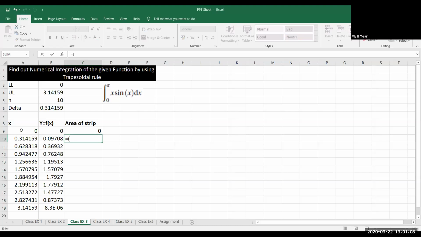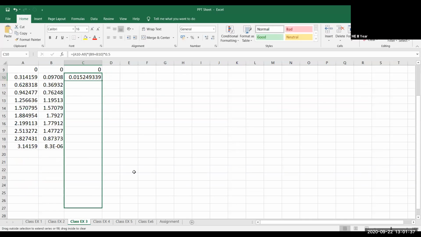The upper limit of these two is this one, minus the lower limit this one, into the first function value plus the second function value, into 0.5. So we'll get this value.